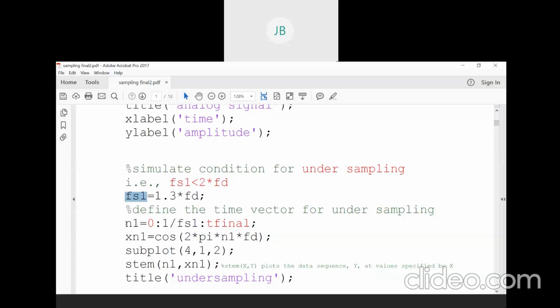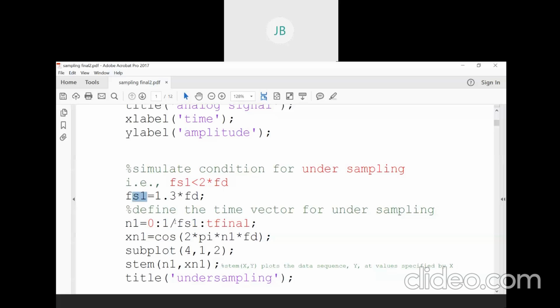Right now we have chosen this as the sampling frequency. Now we will define another term, n1. N1 varies from 0 to t final, which we have already noticed, with the increment of 1 by fs1.